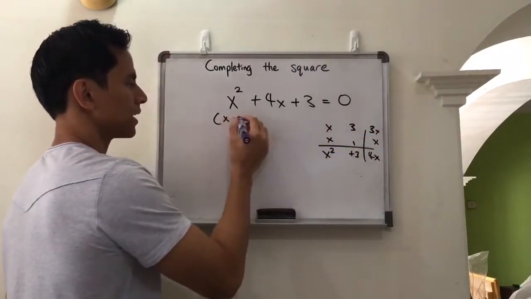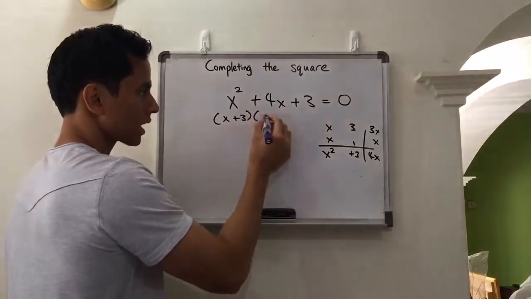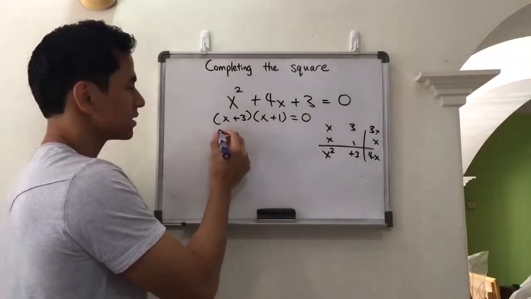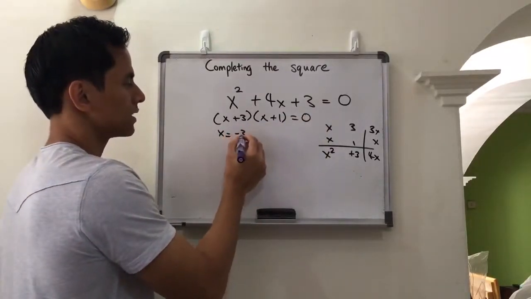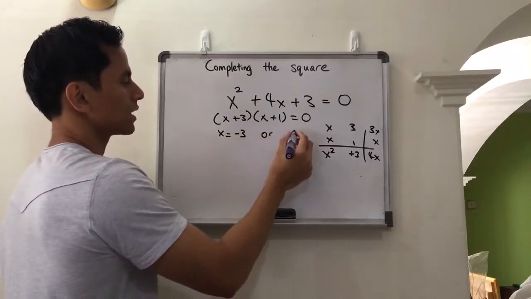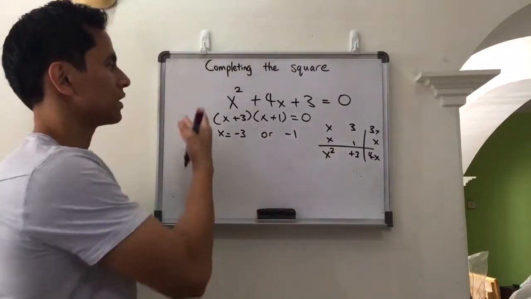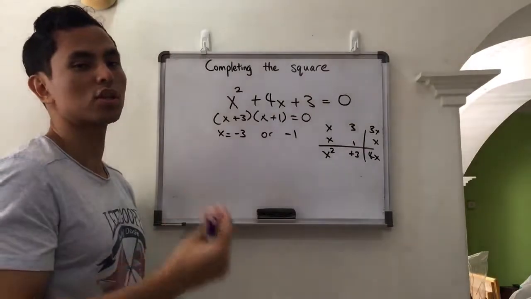So we'll get x plus 3 and x plus 1 equals 0, and then our answer will be x equals negative 3 or negative 1. Correct? So that's how we solve this question if we were to use the cross method.